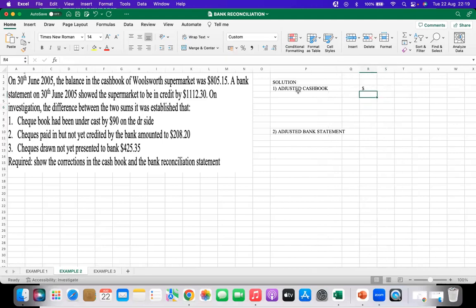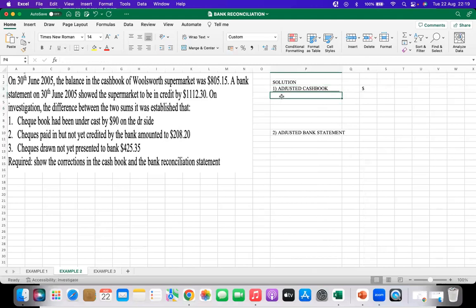So in the adjusted cash book, we'll start by preparing balance as per the cash book, which we have been given in the question.